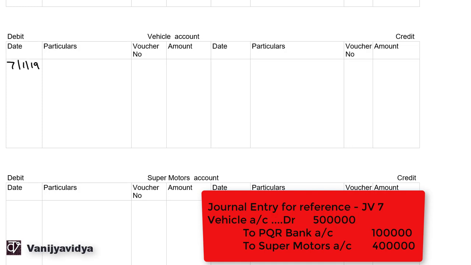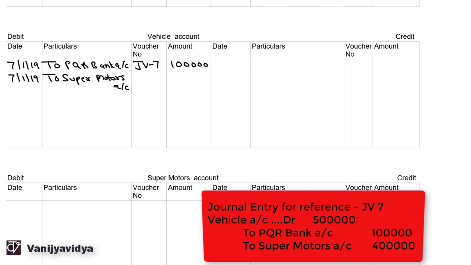So to PQR bank account, voucher number is JV7, amount is 1 lakh. One more posting, Jan 2019 to Super Motors account JV7 4 lakhs.